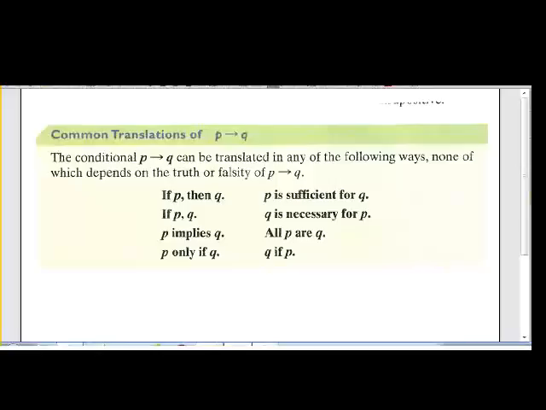So if P then Q, that's what we start out with. We might start out with if P, comma Q. We leave out then a lot. We've seen that before. Sometimes you leave out the comma. P implies Q. P only if Q. P is sufficient for Q. We wouldn't normally say this. Those are more math things, right?